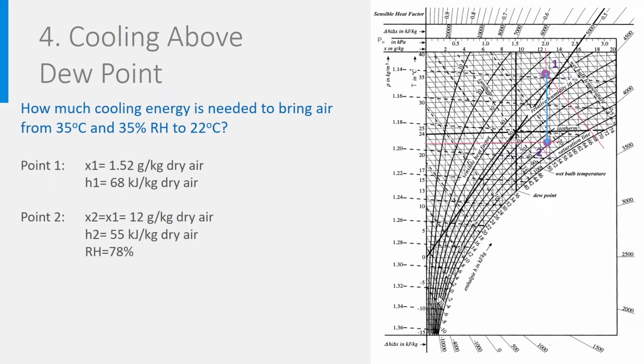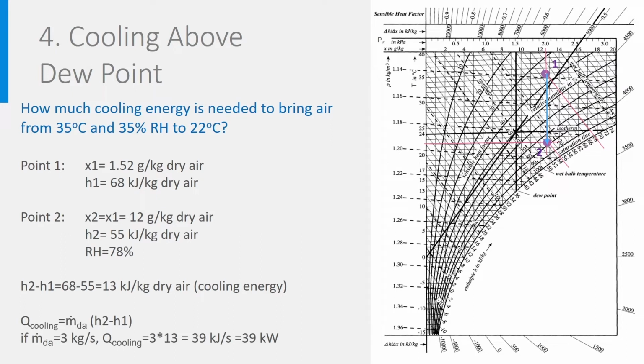The needed cooling is the difference in enthalpies, which is 68 minus 55 is 13 kJ per kilogram dry air. That must be removed. If we want to cool an airflow rate of 3 kg per second from point 1 to point 2, the cooling capacity is mass flow rate times H2 minus H1, which is 3 times 13 equals 39 kilowatt.